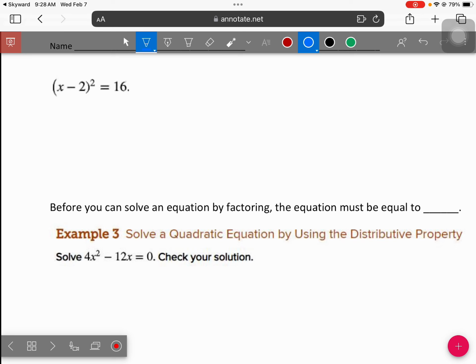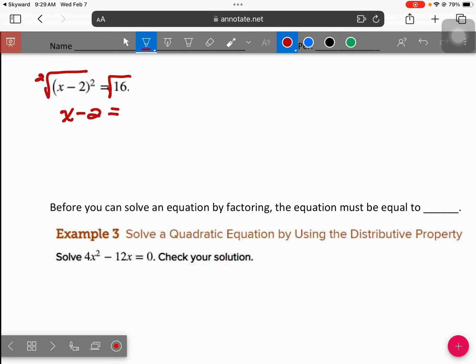So I was saying, is the squared part isolated? The answer is yes. It is one side by itself. So that means I can go ahead and take the square root of both sides. Whatever you do to one side, you have to do to the other. The square root of something squared gives you x minus 2, and we really don't need the parentheses anymore because we're not squaring anything.